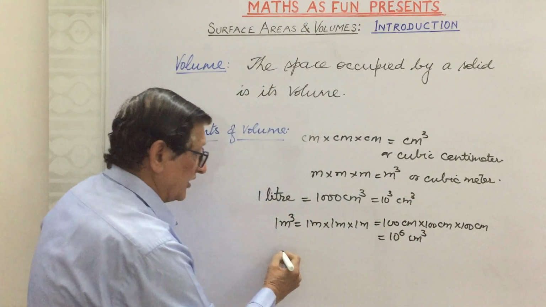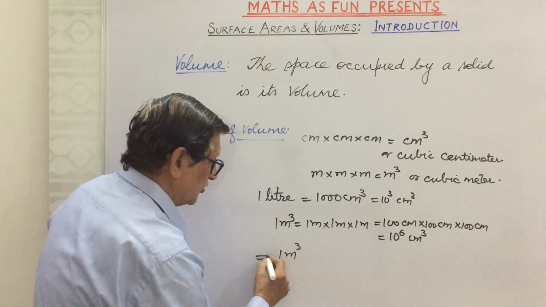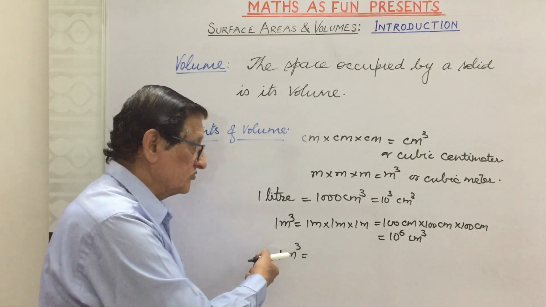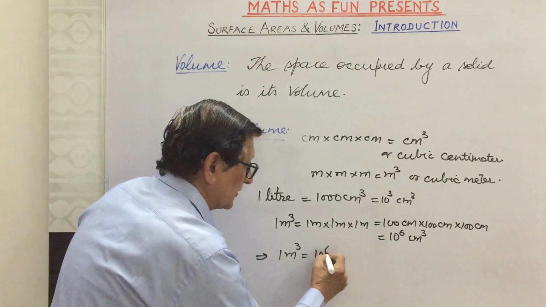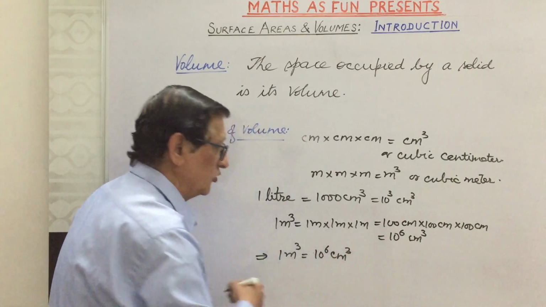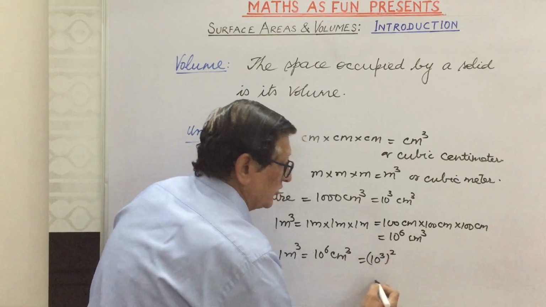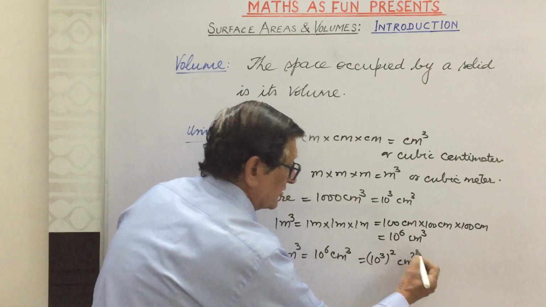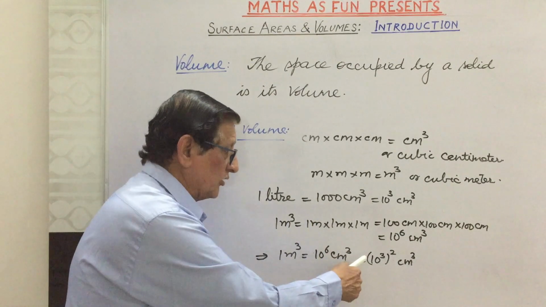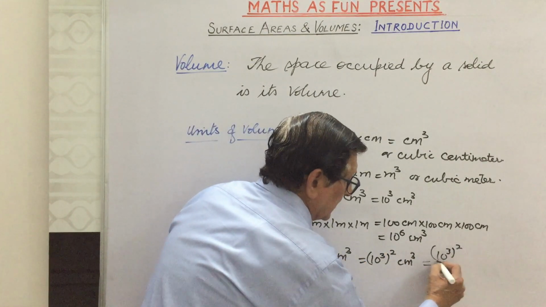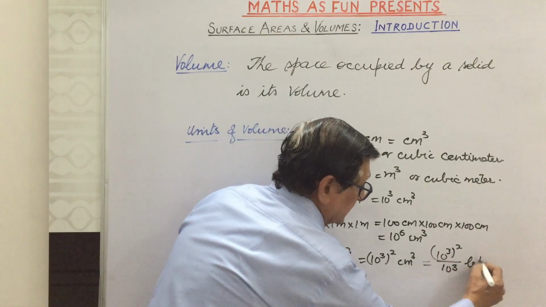It means in case we want to convert 1 meter cube into liters, how much will be that? That is 10 to the power 6 centimeter cube. Can we say it is 10 to the power 3 whole square centimeter cube? Now if we want to convert into liters, will it be 10 to the power 3 square upon 10 to the power 3 liters or not?